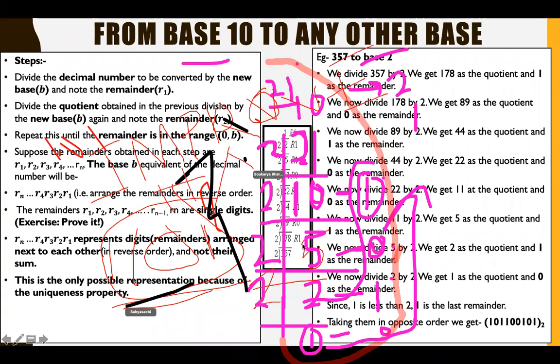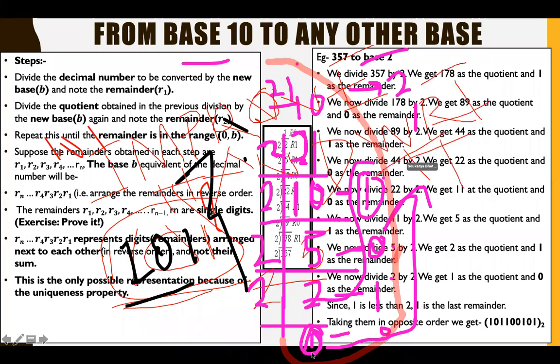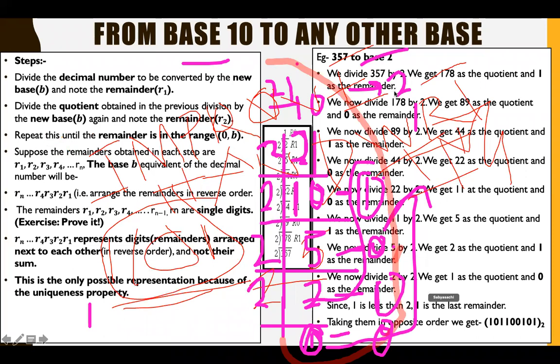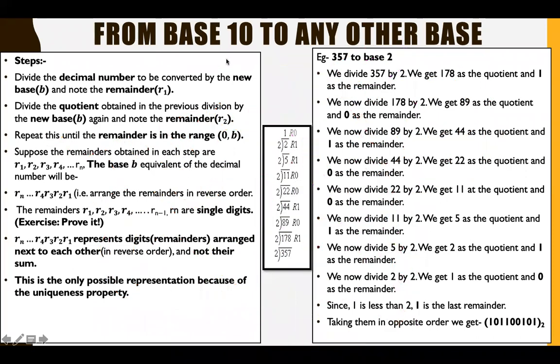Then divide 5 by 2, it gives 2 as quotient, 1 as remainder. Go till you reach the quotient as 1. So now the quotient is 1. Now just go backward, write the quotient 1, then write the remainders backward. So 1, then 0, then 1, then 0, then 1. This will be the number in base 2.